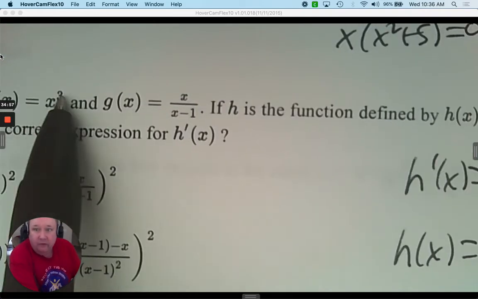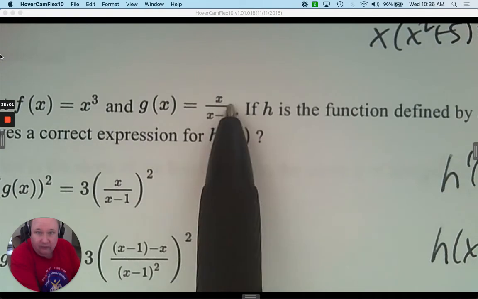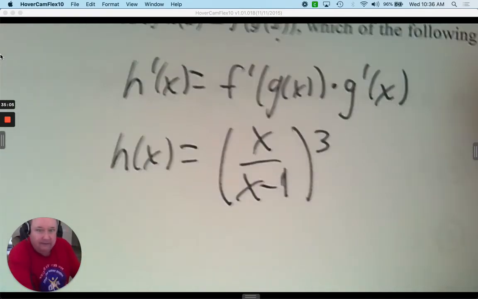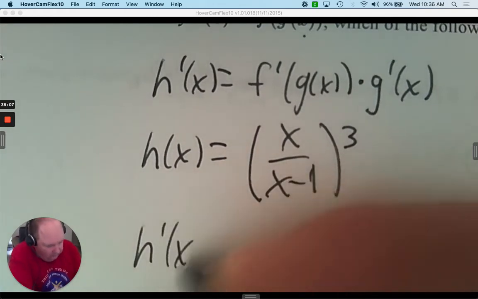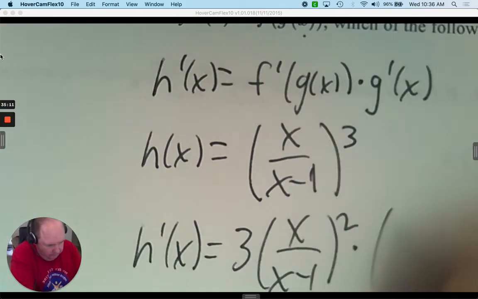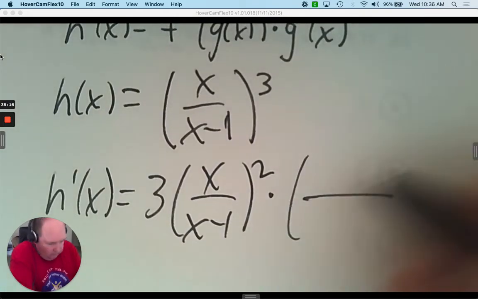So x cubed is the outside function, and this is inside. Take out the x, put this in for x, and now it's f composed with g. And now what would the derivative look like? And then it would just be the quotient rule.